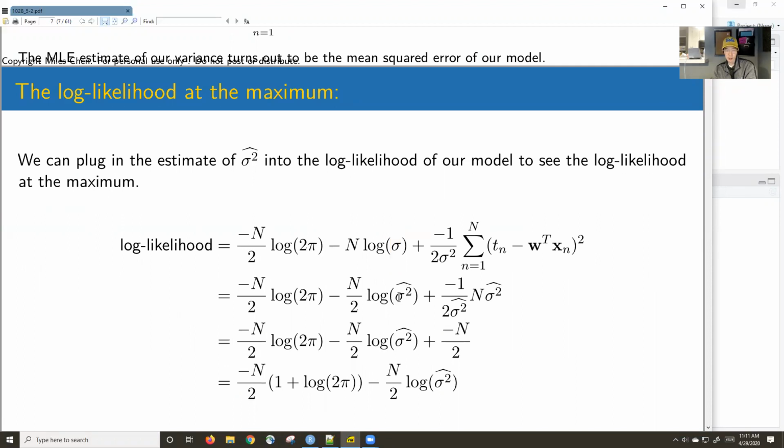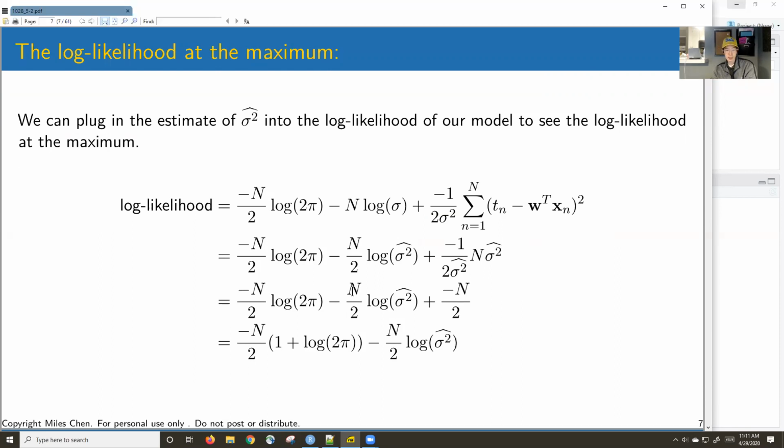So I plug in log of sigma squared hat here, and to take the square root, that's basically raising it to the 1/2 power, so I can multiply the log by 1/2. And so here we get the log likelihood to be equal to this quantity.